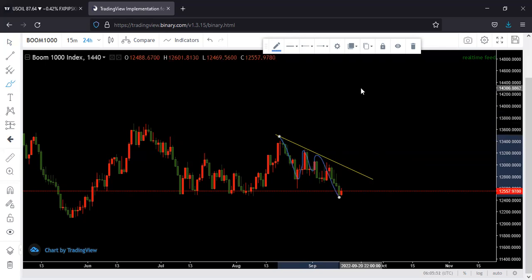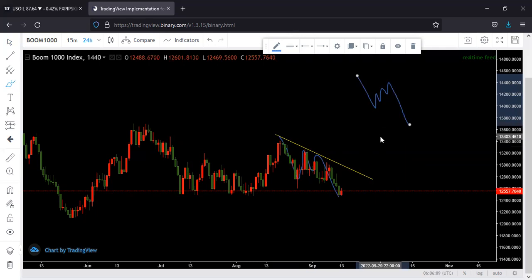So let us try to review our theory. Our theory looks like this. We always have an impulsive move, then a correction move, then an impulsive move to the downside.